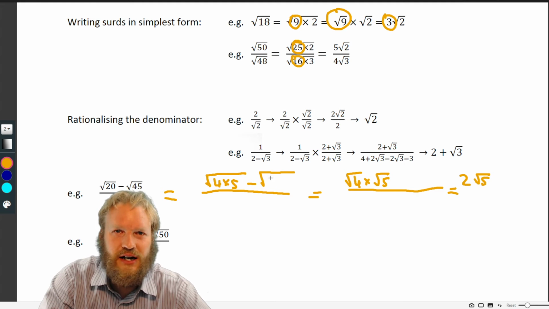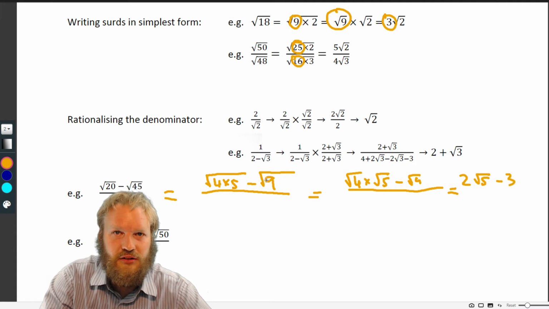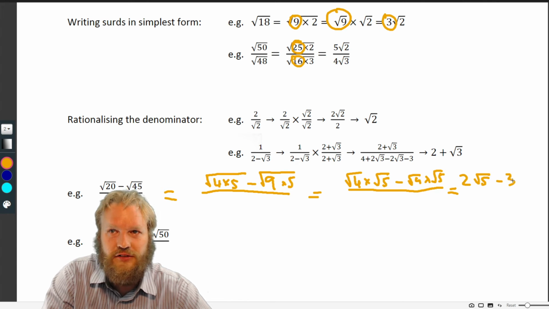So it seems like 9 goes in there. The reason we want that is that we're going to have a square root of 9 to give us 3. So 9 times 5, square root 9 times square root 5, minus 3 square root 5.